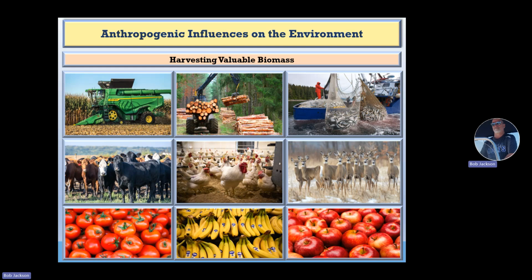Okay, anthropogenic is human. Now there's all kinds of anthropogenic influences that happen on the environment through time. As you're seeing here on this page, you're seeing fishing, where we have the commercial fishermen that can take literally thousands and thousands of fish out of the water each and every day off the coast of, well, anywhere around the United States for that matter.